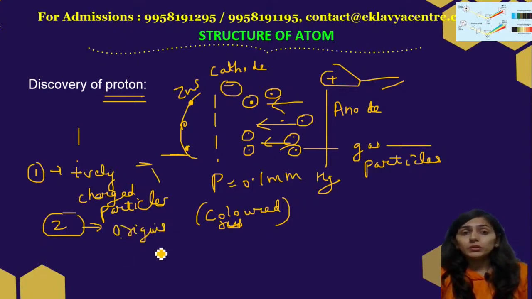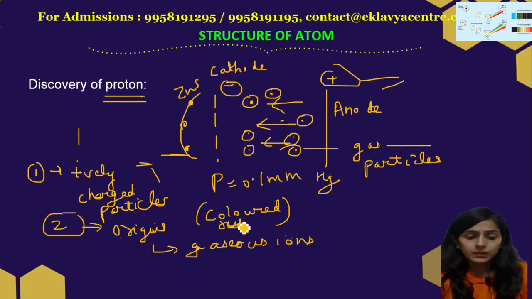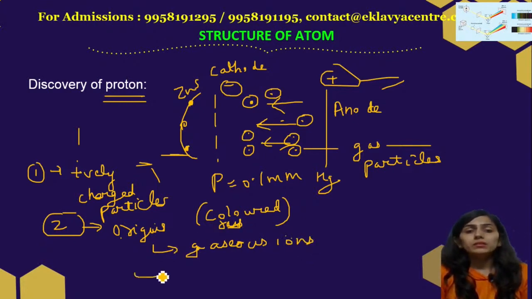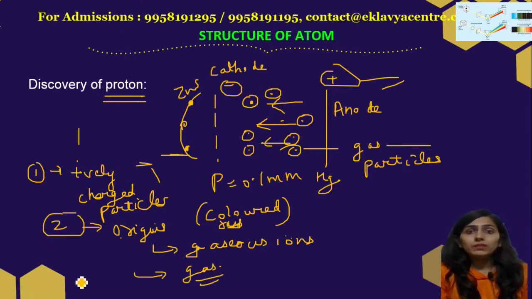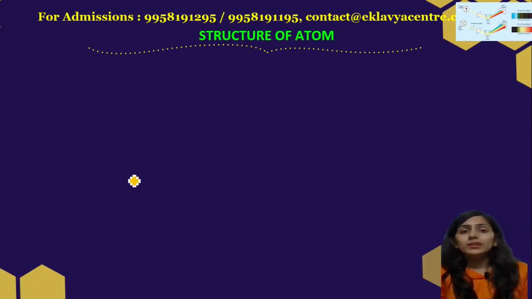They are not themselves protons, they are gaseous ions from which we were getting protons, right beta? Clear? And they depend on the nature of the gas. In the case of the discovery of electrons, since we considered it to be vacuum, they did not depend on the nature of the gas, but here they depend on the nature of the gaseous particles.